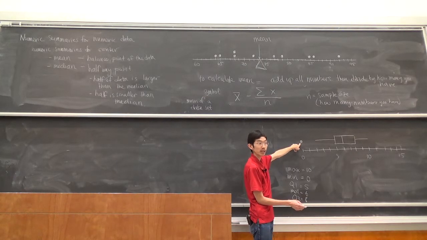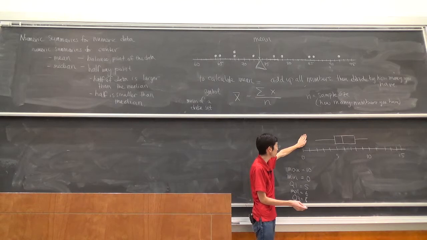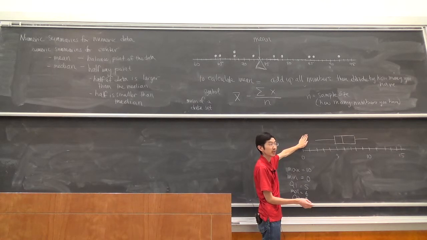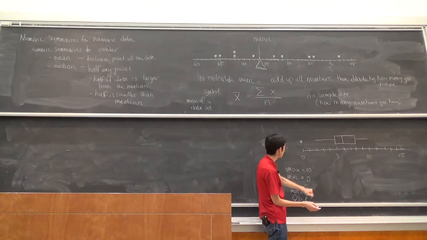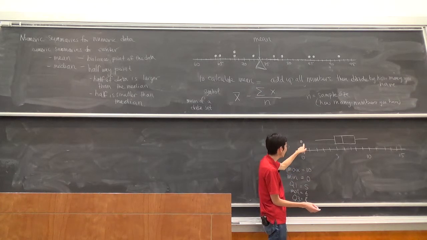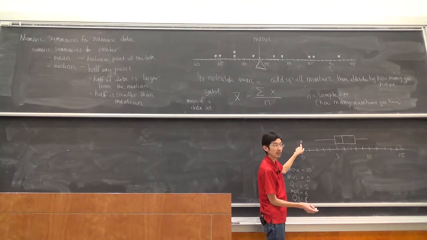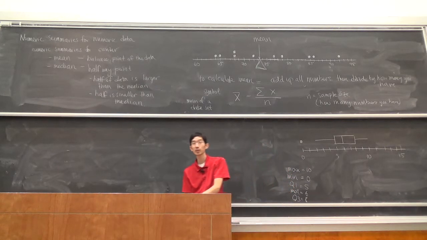That's part of the data, and that would be the smallest value in our data set. If it wasn't here, our minimum would be 2, because the whisker goes down to 2, and that would be the smallest data point that we have. But we have a 0 here, and it's an outlier, but it's still part of our data, so our minimum is 0. Is that okay? Any other questions?